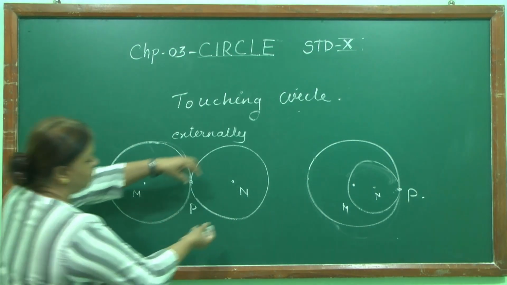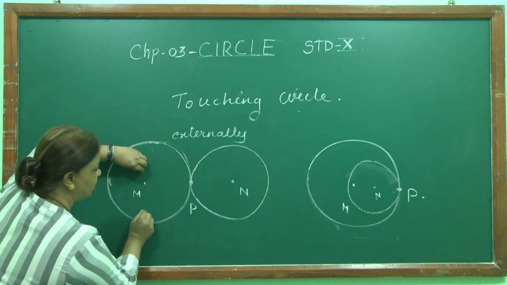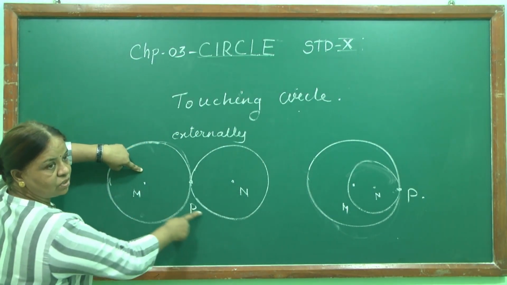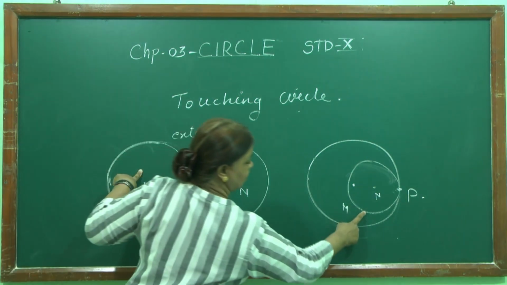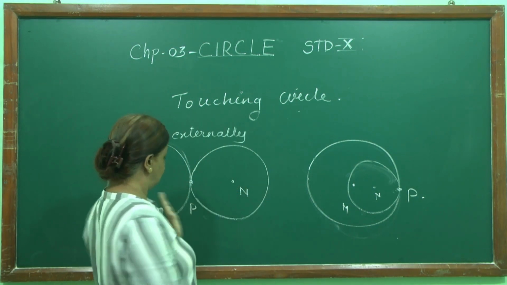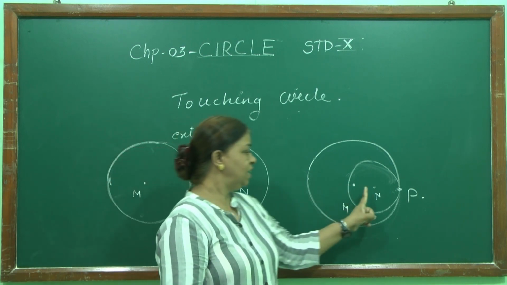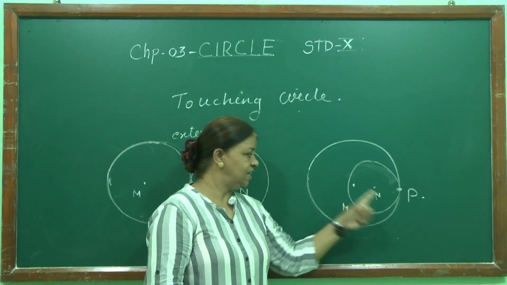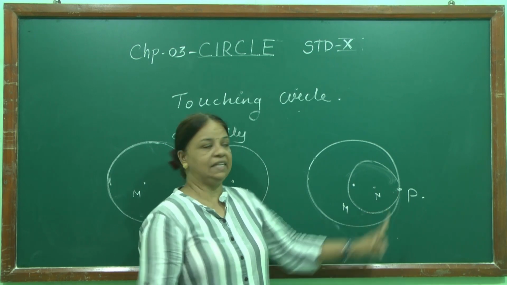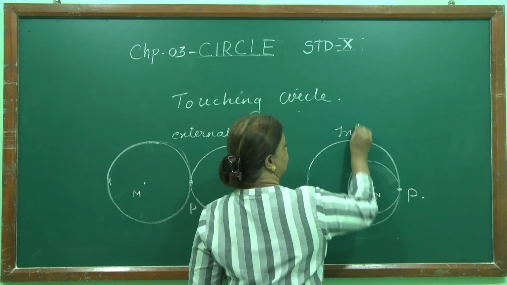Suppose I pick up this circle and bring it inside. When it is out, it is touching externally. But when it is coming inside, then it is touching internally.